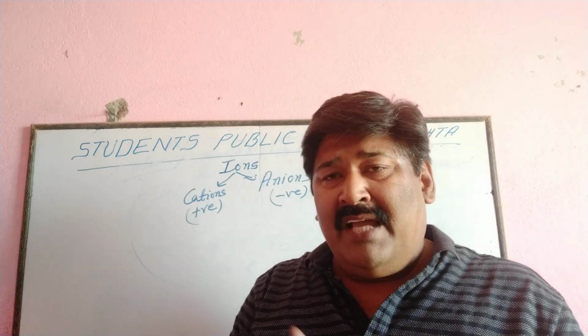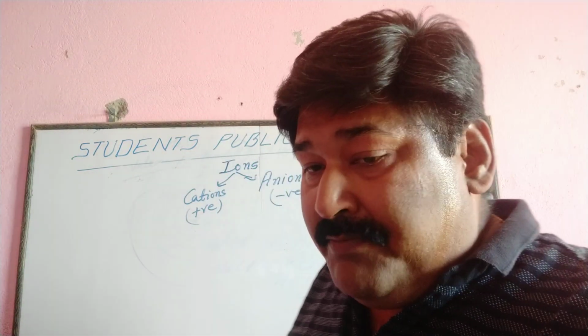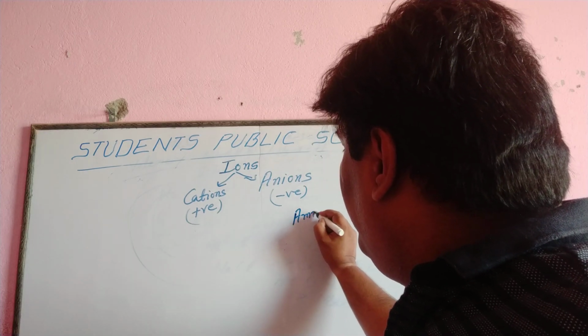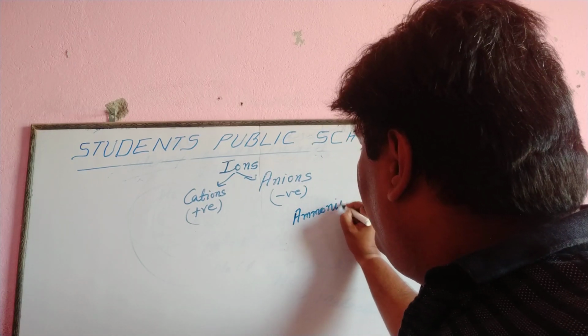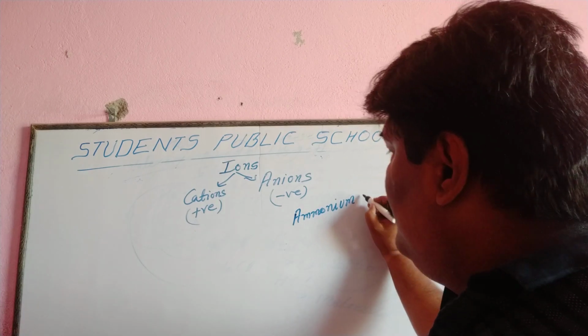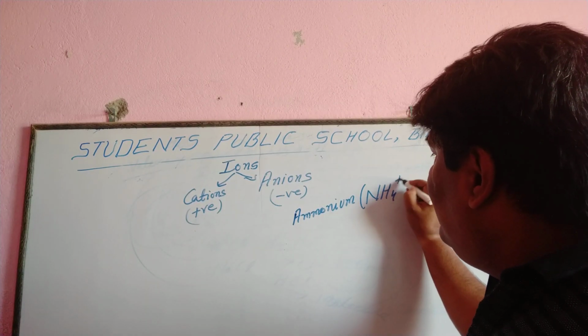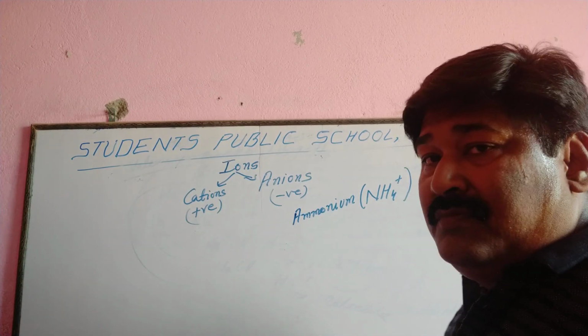Polyatomic means having number of atoms. For example, you can take ammonium, NH4. It has positive charge.